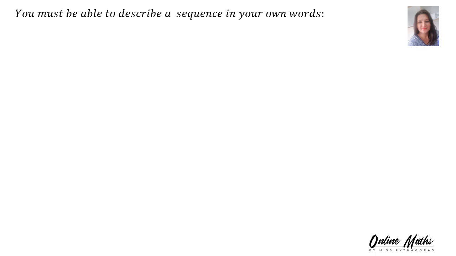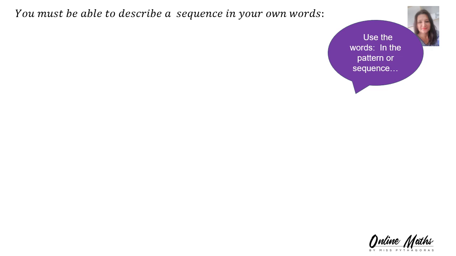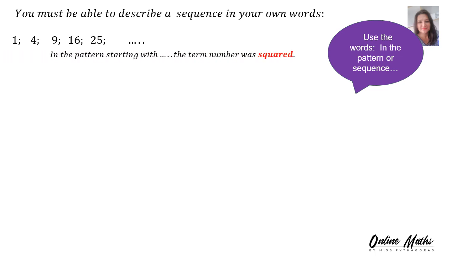You must be able to describe a sequence in your own words. Use the words in the pattern or sequence. And when I give you the sequence 1, 4, 9, 16, 25, can you see in the pattern, starting with the number 1, the term number was squared.